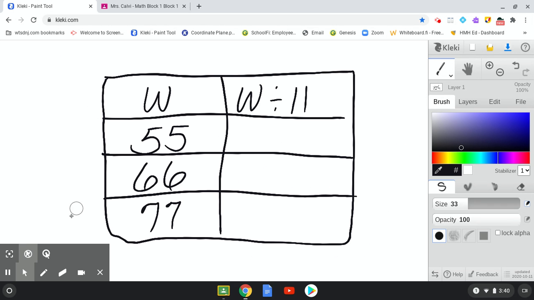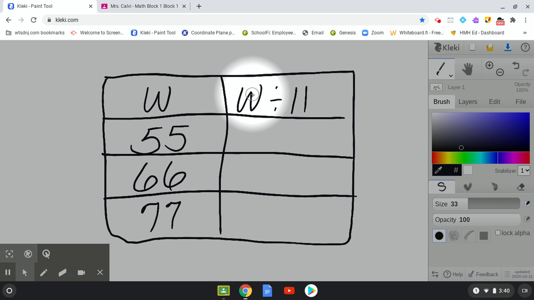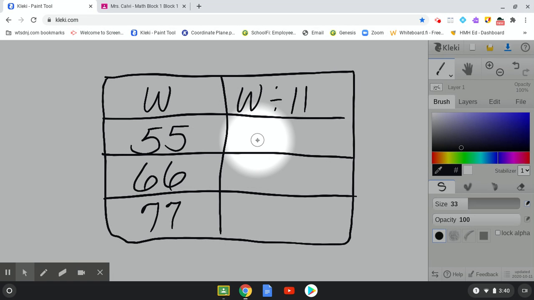Okay, so here for this chart, I have an algebraic expression that says w divided by 11. And they're giving me several values for w, and we need to find the answer, solving, so evaluating this.